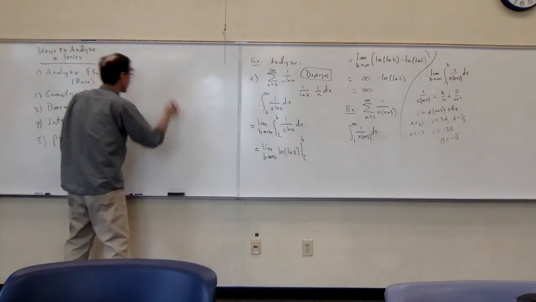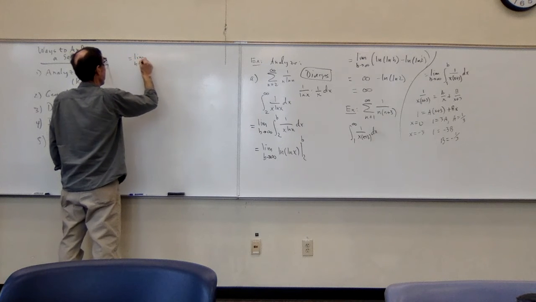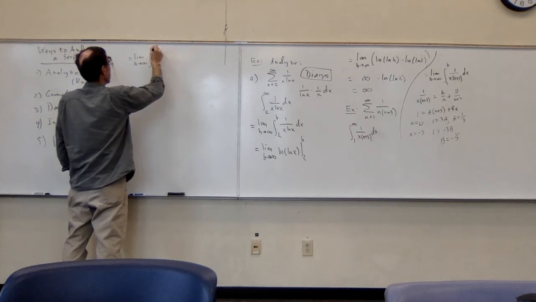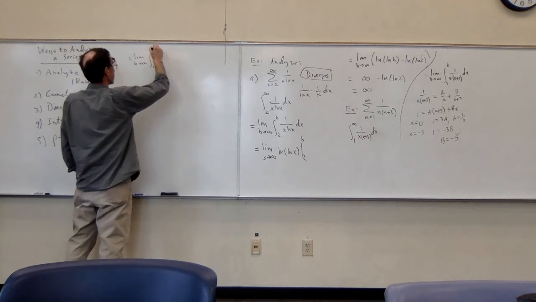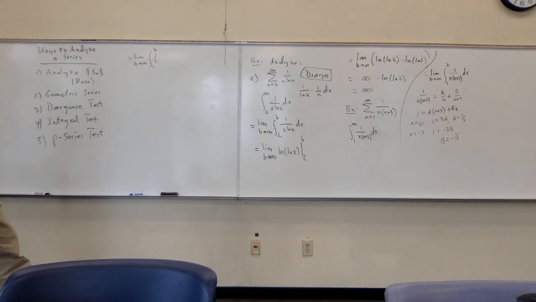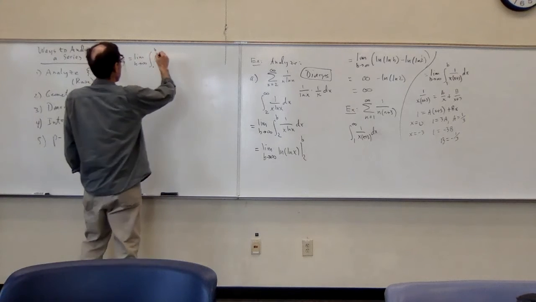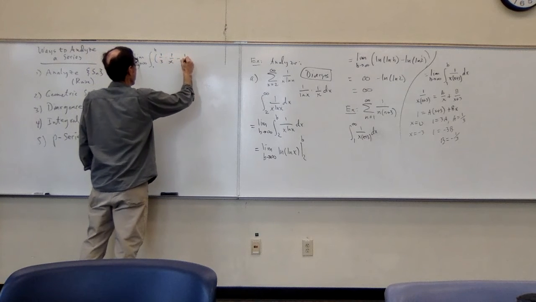So the limit that I wrote is now modified, from 1 to b, and a is plus 1/3, b is minus 1.